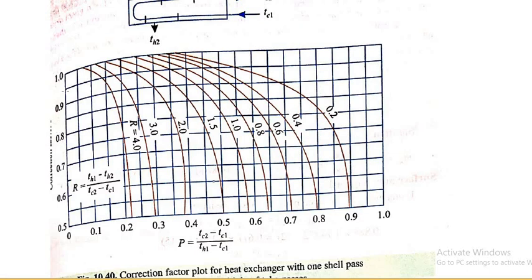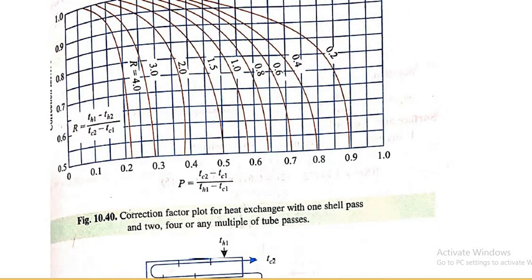The values on the y-axis are the correction factor. So we get the appropriate value of the correction factor from this chart for a 1 shell 2 tube pass heat exchanger, or if there are multiple tube passes, such as 2, 4 or more, with 1 shell, we can also use this chart.